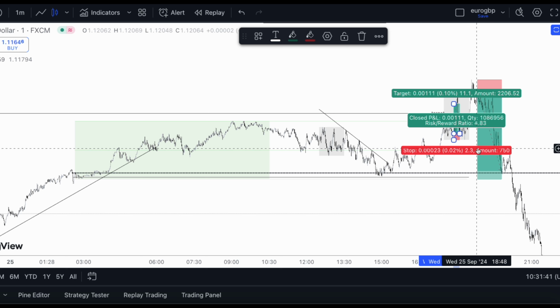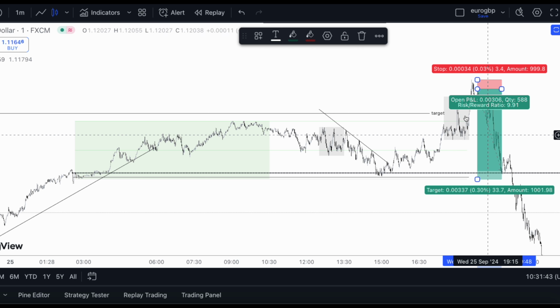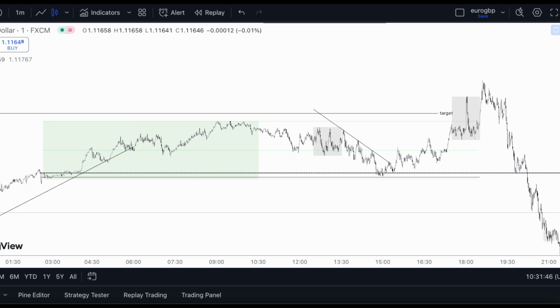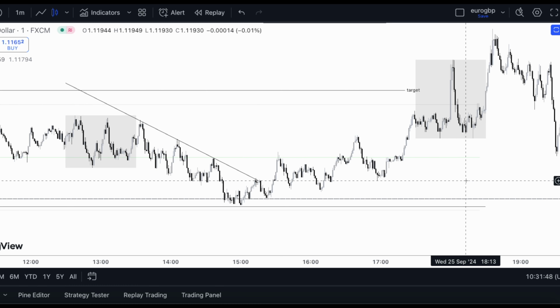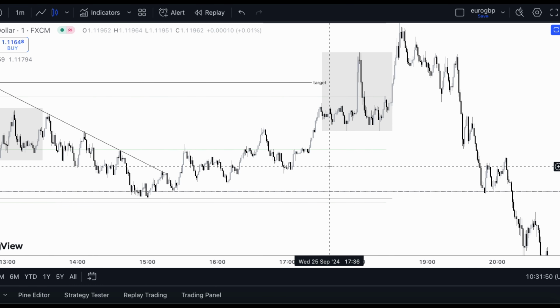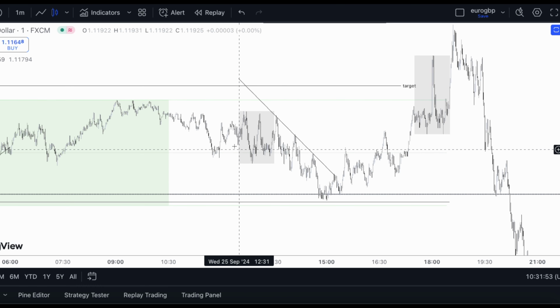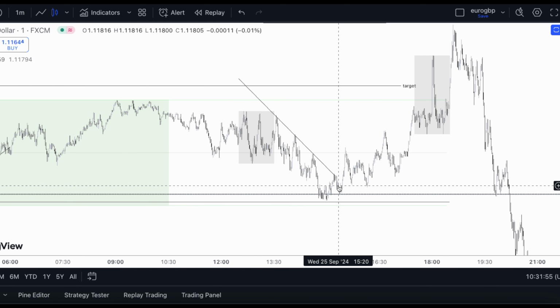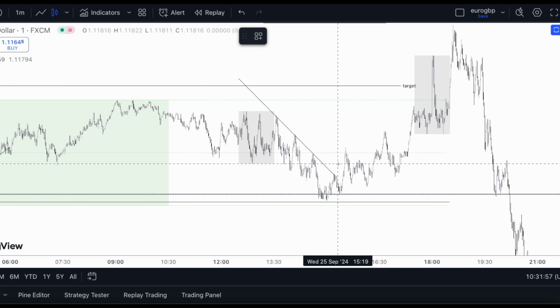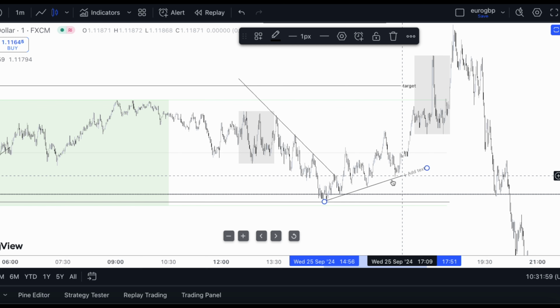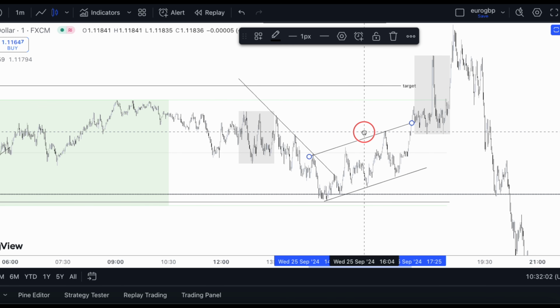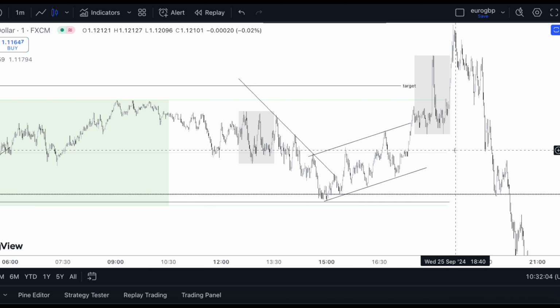So let's delete these two first. Okay, so what you can see, first the market was trending downwards the entire day, and then the market started making these upward channels.